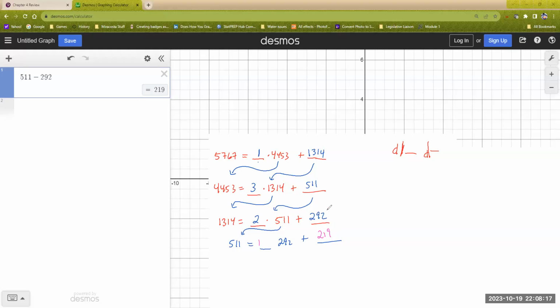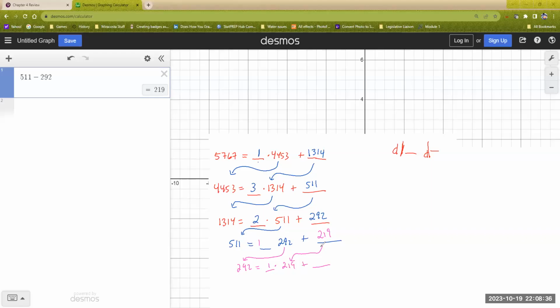I still don't see anything in common between these, but the nice thing is I'm getting much closer. The numbers are getting very small at this point. And so this would be one of these plus some kind of remainder.